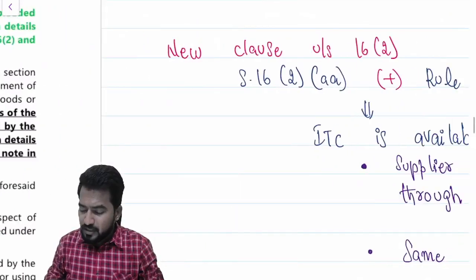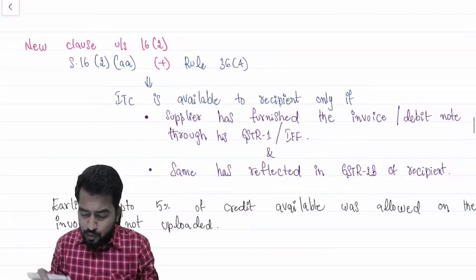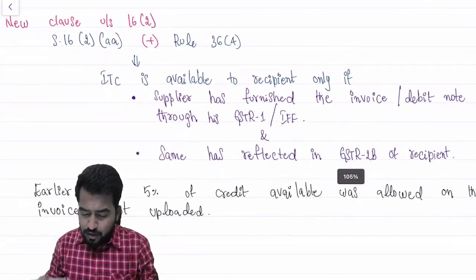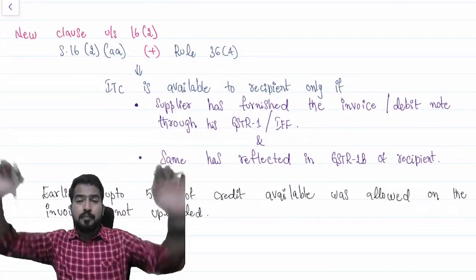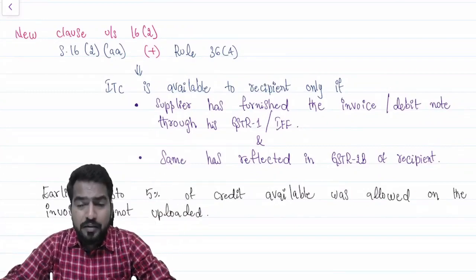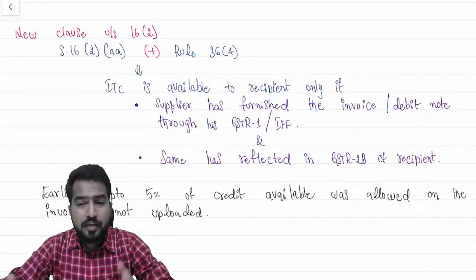That means the amendment is very simple. They have brought in a new clause under section 16, subsection 2, and also they made the amendment in rule 36 sub rule 4 to give effect to this. And the effect is what?